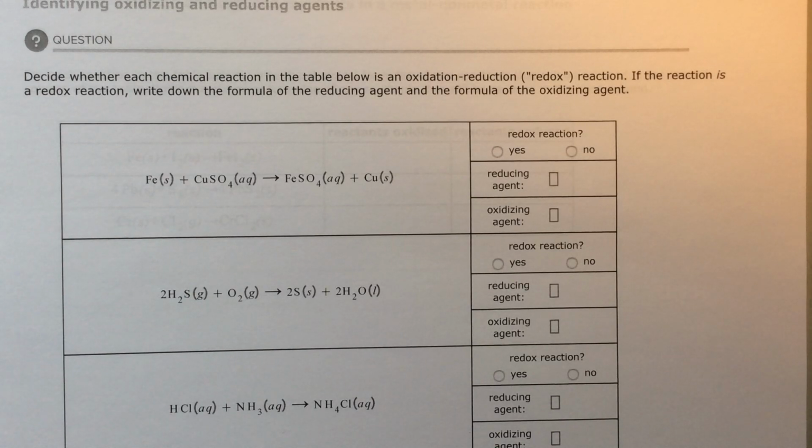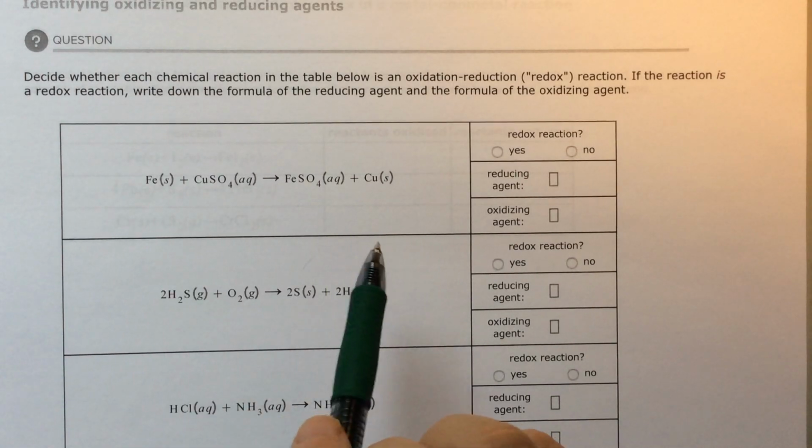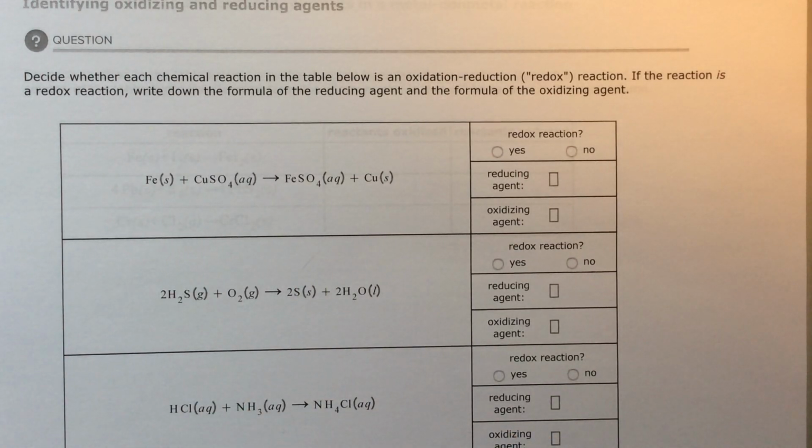So in order to know which one is oxidized and which one's reduced, I have to use the oxidation numbers that we've already learned. Let's look first at the iron. We've got iron and copper sulfate giving you iron sulfate and copper.